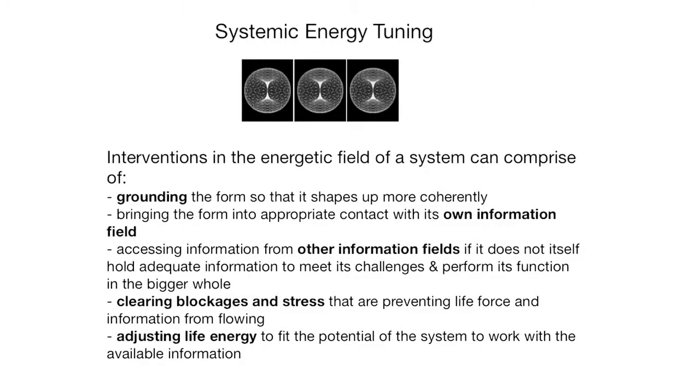Another thing we can do is help to bring the organization into appropriate contact with its own information field. So if it's got this field of information, how do we help bring that information into the system so that it enters our relational field and enters the material field and actually starts to be integrated in the practice of the organization?